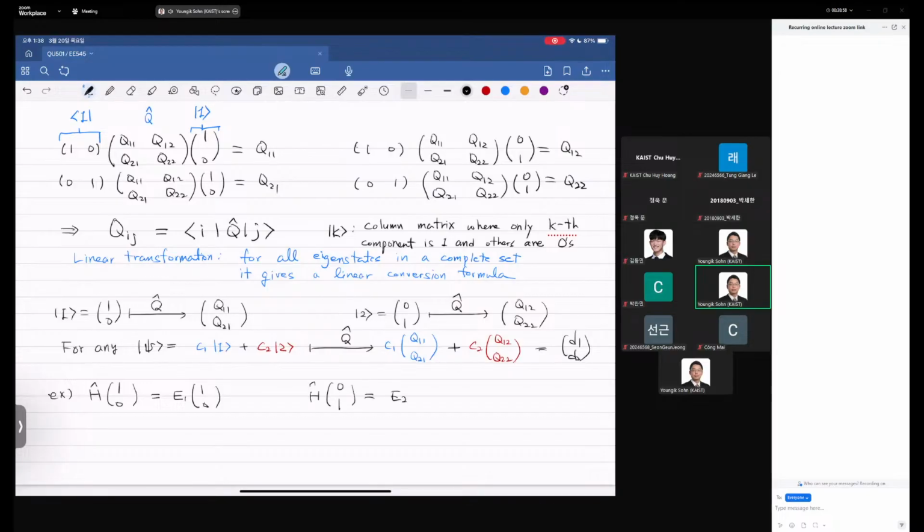So this (1, 0) you can call an energy eigenstate. In fact, the spin state is also an energy eigenstate. So (0, 1). Then H is what? You know, the H matrix is in this form, right? A diagonal matrix.